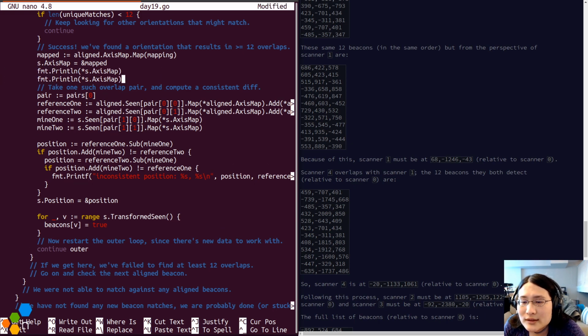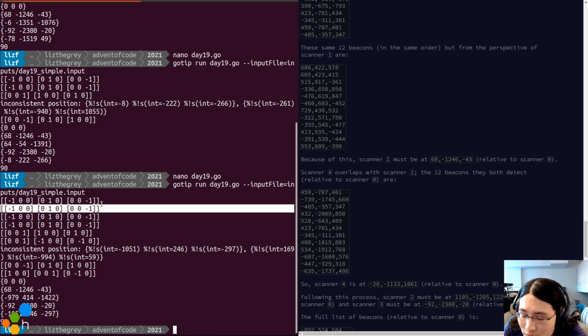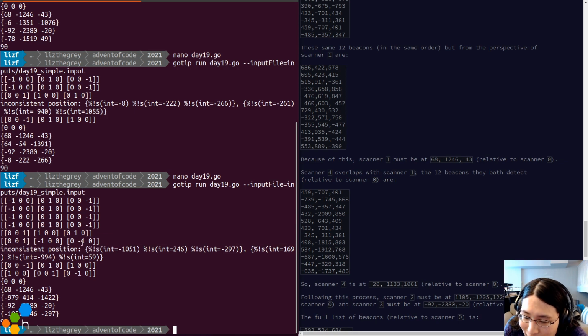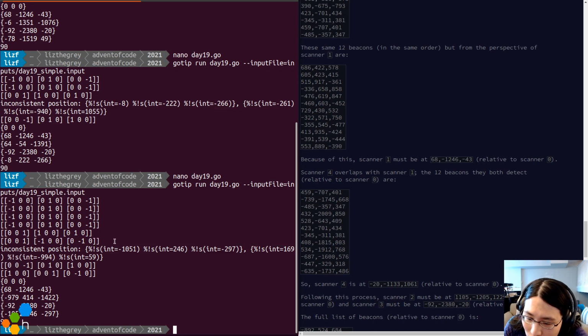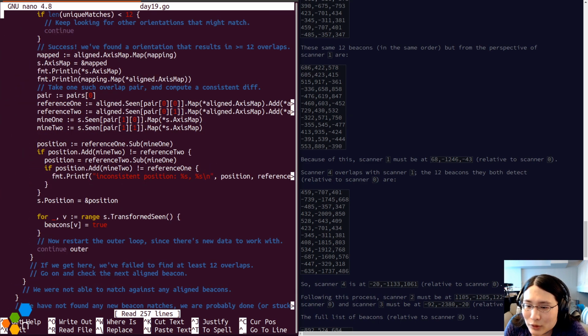This looks on the face of it like it should be a reasonable thing. I'm just curious, is this mapping, the aligned axis map, is this operation commutative? Oh. So order doesn't matter here, but it does matter here, because you can get different results depending upon the order in which you apply these operations.